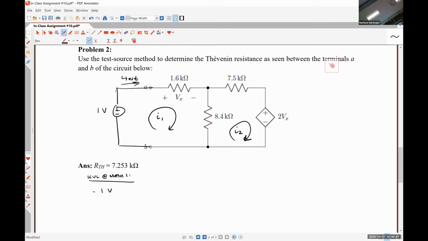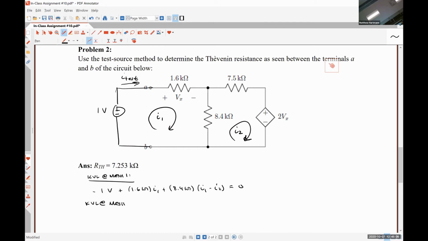So we'd have -1 volt plus 1.6 kilo ohms times I1 plus 8.4 kilo ohms times I1 minus I2 is equal to 0.